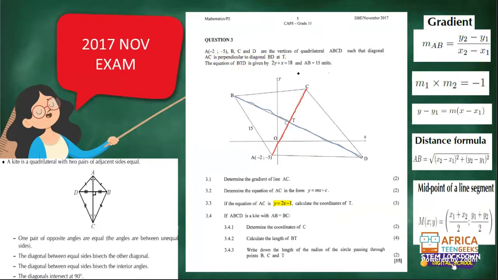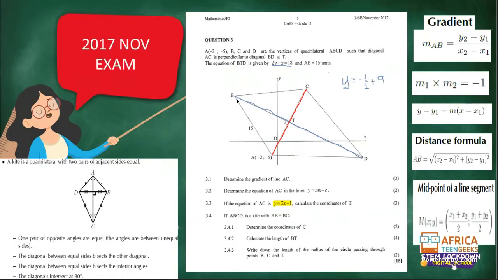Okay, and from this equation, we said Y equals negative half X plus 9. Do you remember?